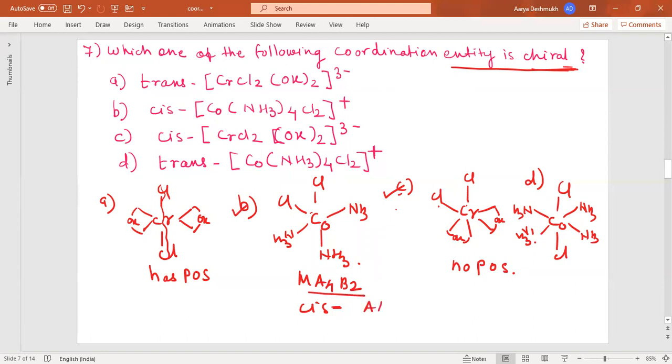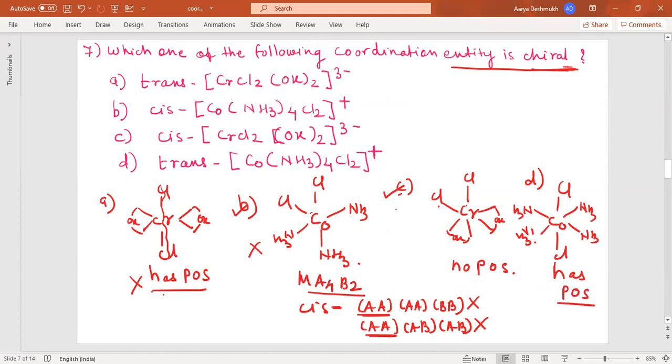For this, you just find the possible combinations. If the two ligands are the same, then it will not have optical activity. AA, AB, and AB, isn't it? So it has got the same pair of ligands, so no optical activity. This is the trick. It has got a plane of symmetry, so no optical activity. Here also, it has got a plane of symmetry.